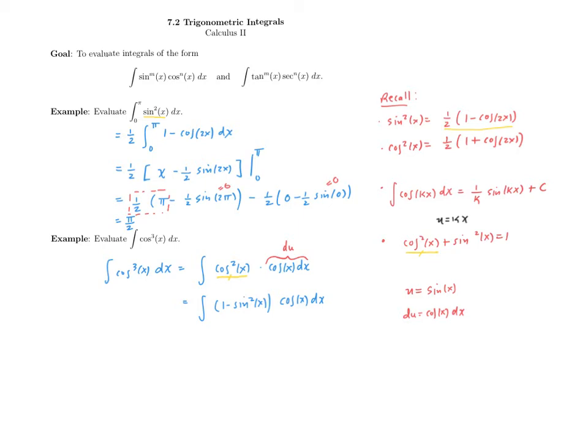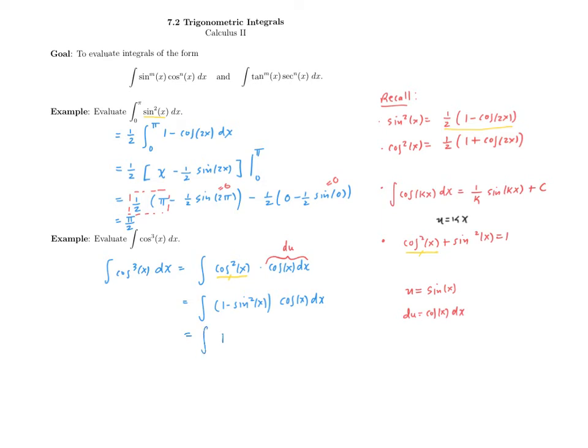So note the key technique. We had an odd power of cosine, so we pulled one of the cosines away with the goal of making it our du. The remaining even power of cosine we've rewritten in terms of sines using the Pythagorean identity. And now our integrand is much more reasonable.